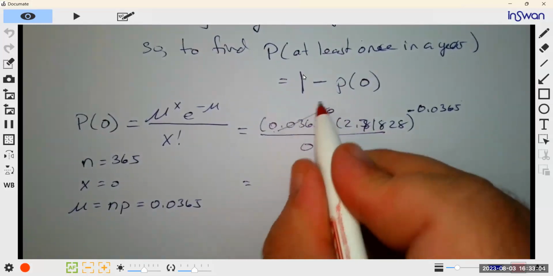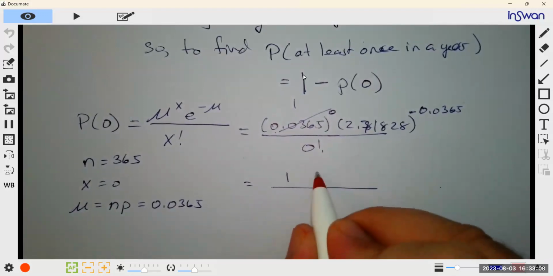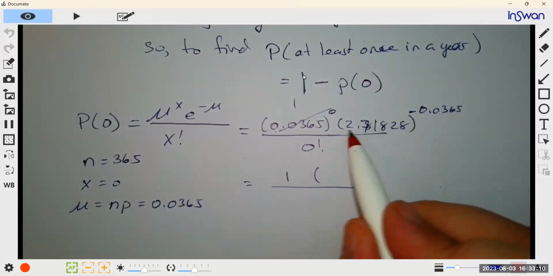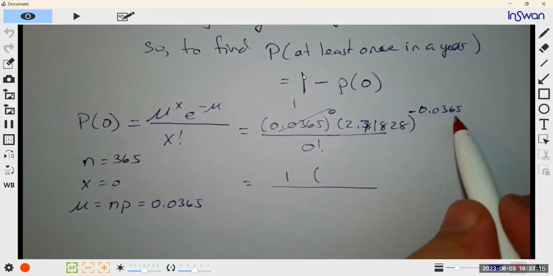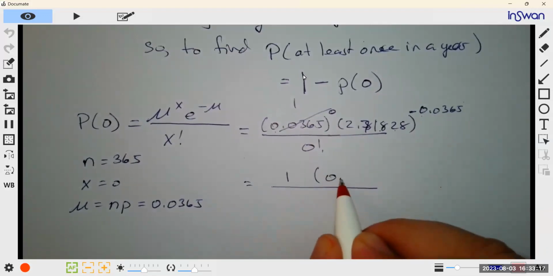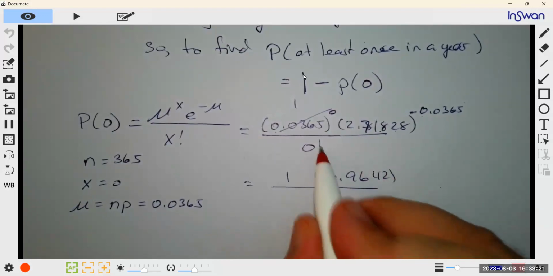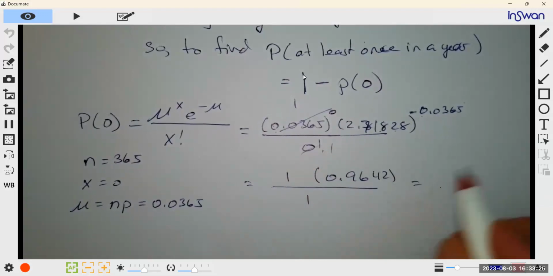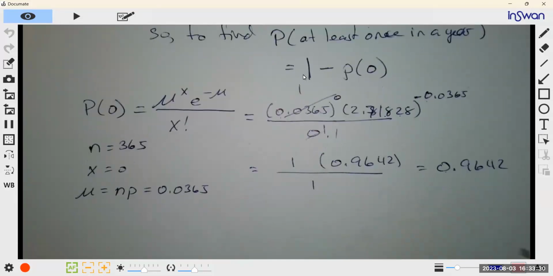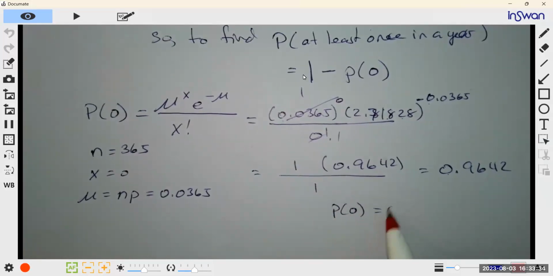Anything to the 0 power is 1. 2.71828 to the power negative 0.0365 becomes 0.9642. 0 factorial is 1. So the answer is 0.9642. That's the probability of not winning any.